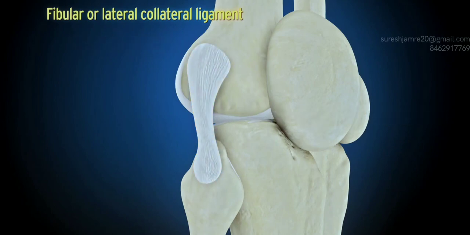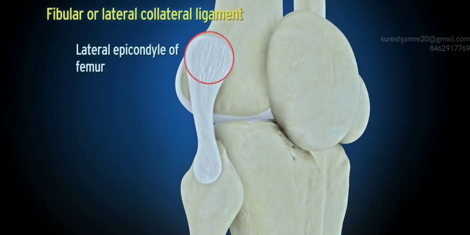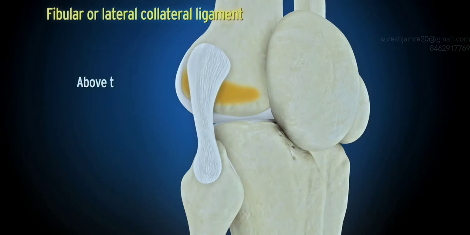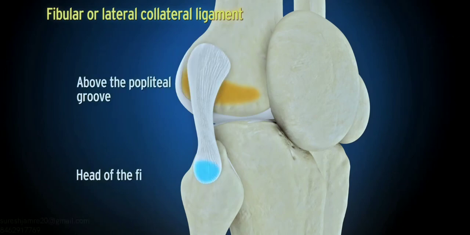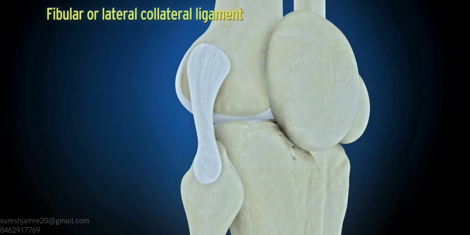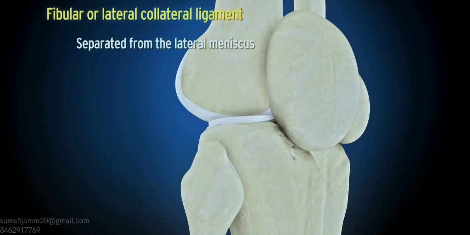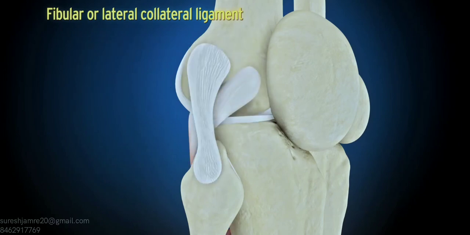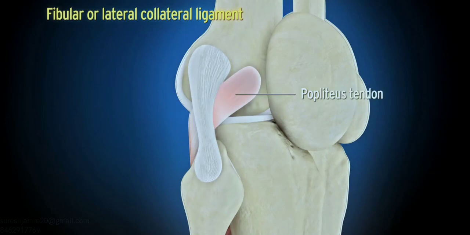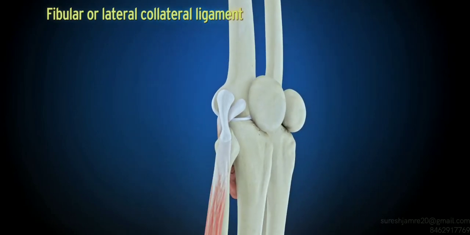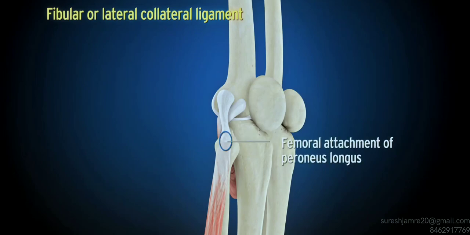It extends from the lateral epicondyle of femur, just above the popliteal groove, to the head of the fibula. It is separated from the lateral meniscus by the popliteus tendon. Morphologically, fibular collateral ligament represents the femoral attachment of peroneus longus.